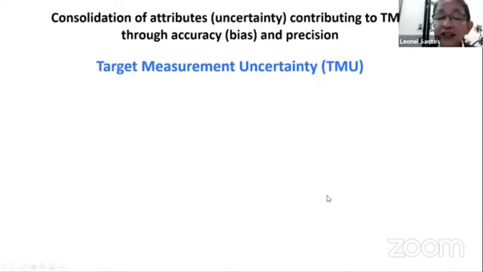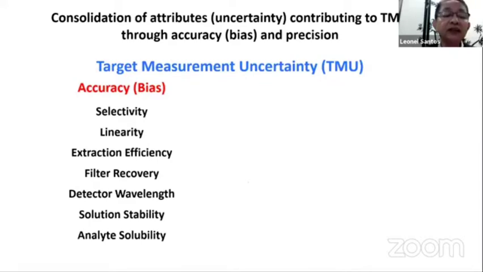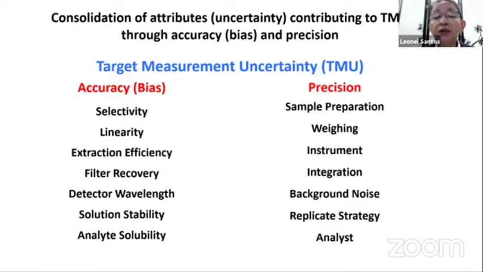In this next slide is a consolidation of attributes contributing to the TMU in terms of accuracy and precision. The list for accuracy is listed here. You have the selectivity, linearity, extraction efficiency, and everything else. Also in terms of precision, those that need to be considered would be sample preparation, weighing, instrument, integration, and so on and so forth.